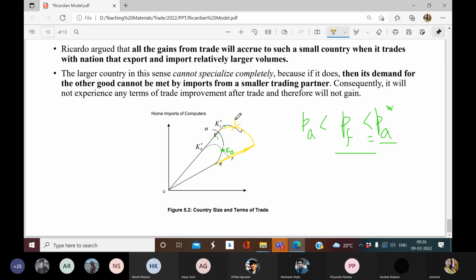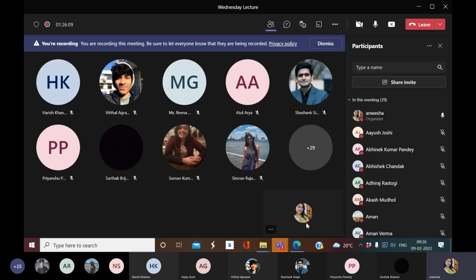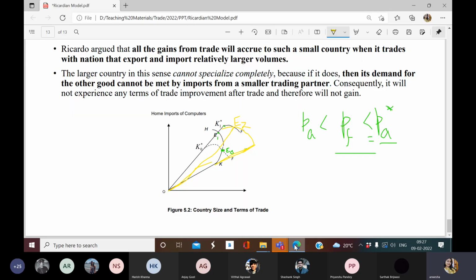So new terms of trade. So what do you think? Now will the countries gain? Will the countries now gain if both the countries are now very large?